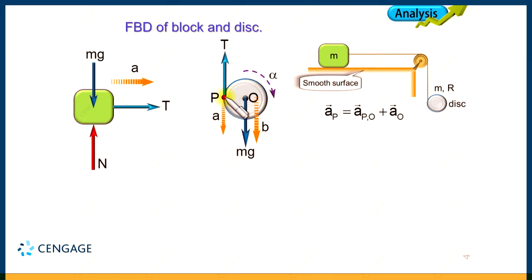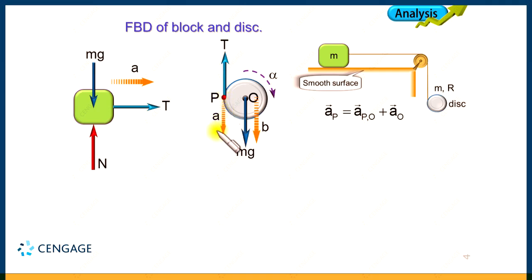That means the acceleration of P with respect to O will be in the upward direction, and its magnitude will be equal to R alpha. We know this acceleration is the tangential acceleration. So R alpha will act in the upward direction, and the acceleration of the center of the disc, that is the acceleration of O, is acting in the downward direction. That means the net acceleration of point P should be the resultant of b and R alpha.